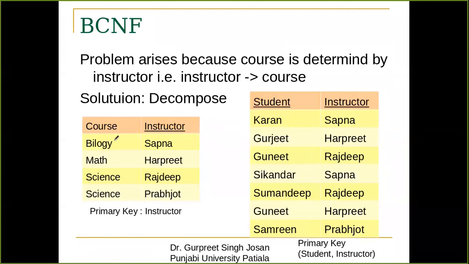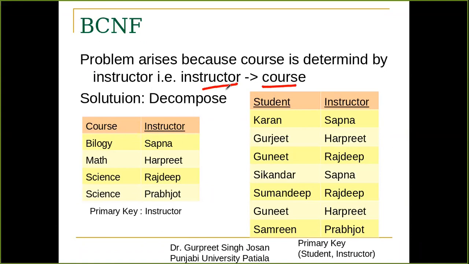We discussed in the very first slide that there are some restrictions: if an instructor is teaching biology, he or she will teach only biology, and will not teach math or science or any other subject. So this means course is dependent upon the instructor.